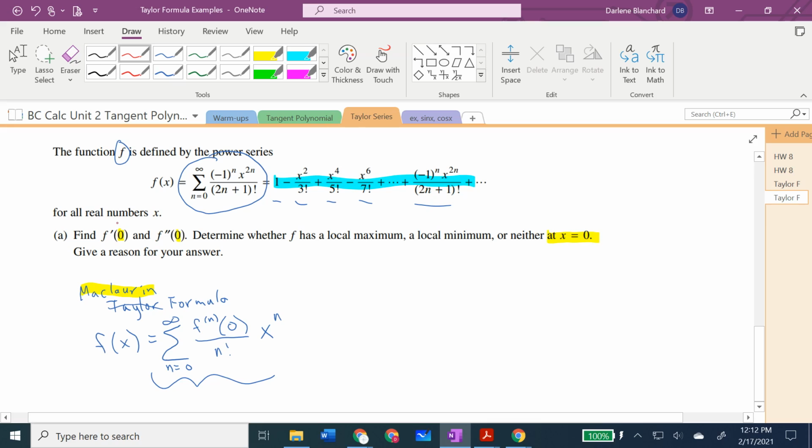If you need to know the first derivative at 0, I want you to notice that that's going to happen when the n of the Taylor-Maclaurin formula is 1. Now, that's not going to happen for this formula at its n equals 1.